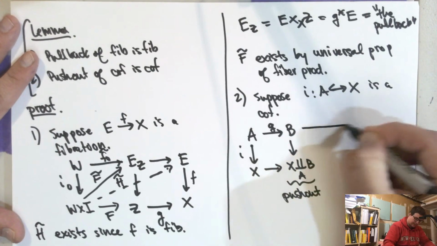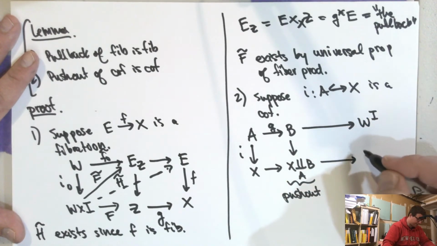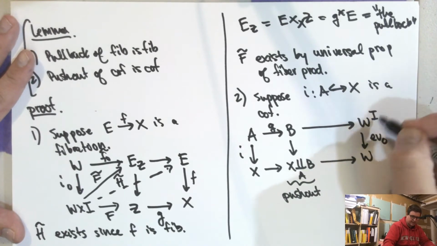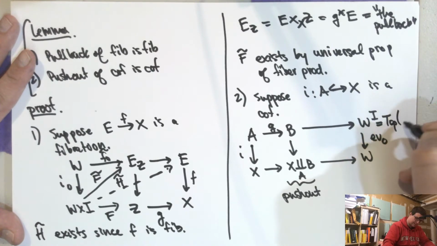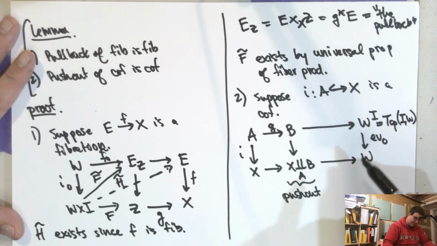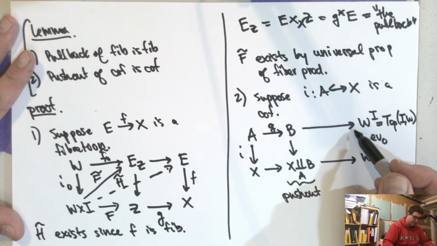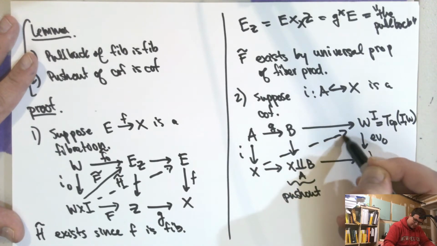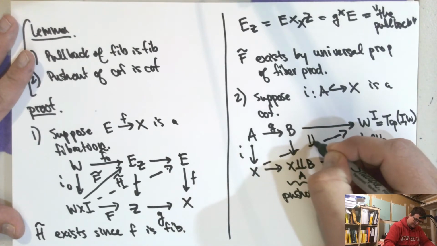So we're given a test map like so, and this is evaluation at 0, maps from here to W. We want to show that there's a map here making the diagram commute. We do know, however, that there exists a map here, which we could call F or H tilde.